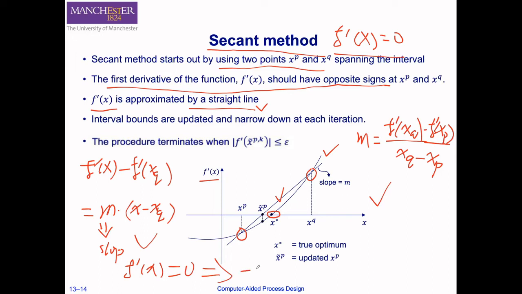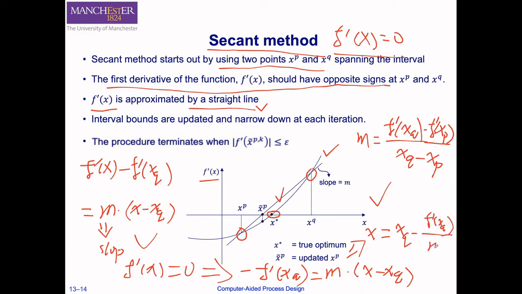That will be negative f prime xq is equal to m times x minus xq. Then we can get x is equal to xq minus f prime xq divided by m.